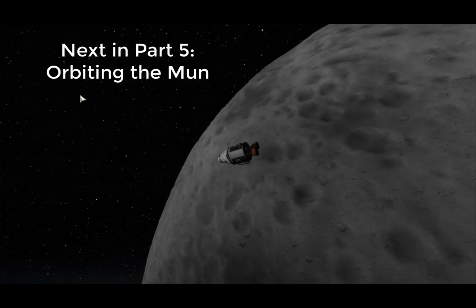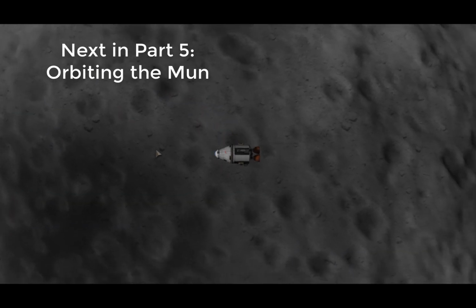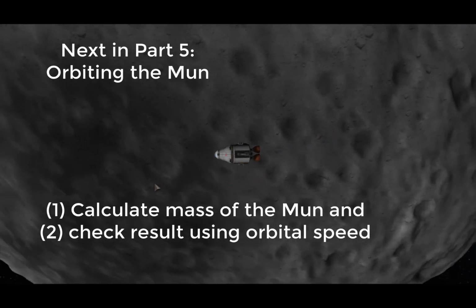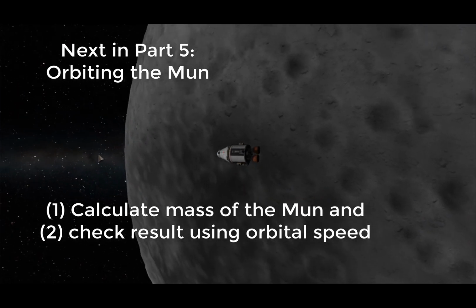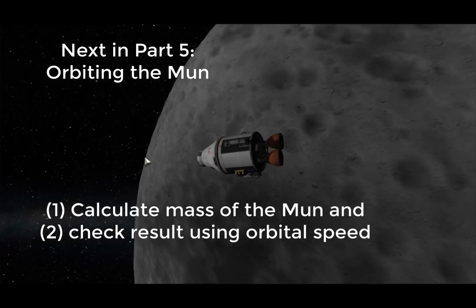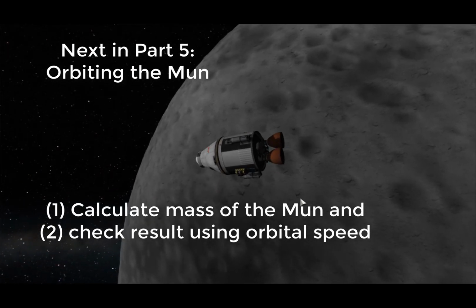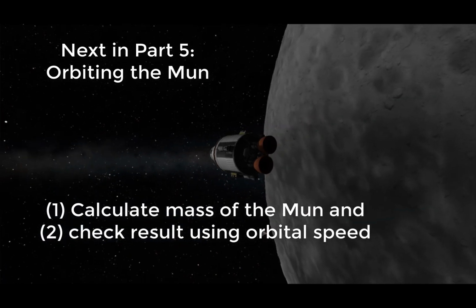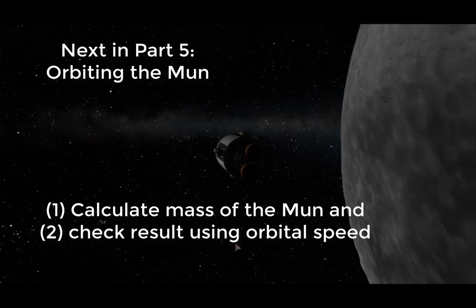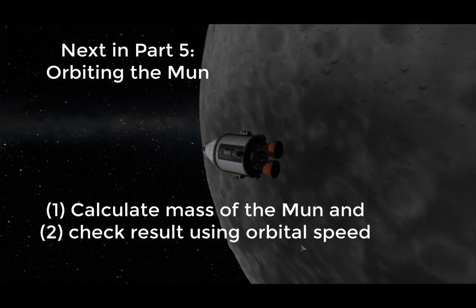With altitude and speed, we could use some physics and algebra to determine the mass of the moon that we're now orbiting. And then second, we could check that value that we just computed for the mass of the Mun and confirm orbital speed in that calculation using the equations that I had introduced to determine orbital speed for a circular orbit, as I had introduced back in part 1 of this series.